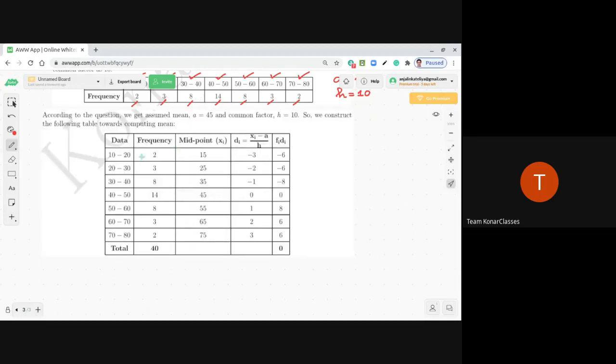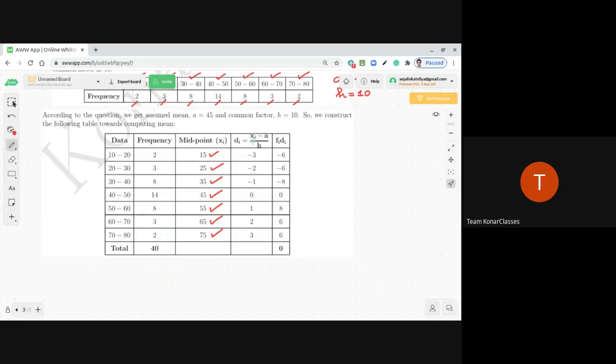As you see, the data is 10 to 20, frequency is 2, and its midpoint is 15. 20 to 30 midpoint is 25, 30 to 40 midpoint is 35, 40 to 50 midpoint is 45, 50 to 60 midpoint is 55, 60 to 70 midpoint is 65, 70 to 80 midpoint is 75. And their respective frequencies are 2, 3, 8, 14, 8, 3, 2.